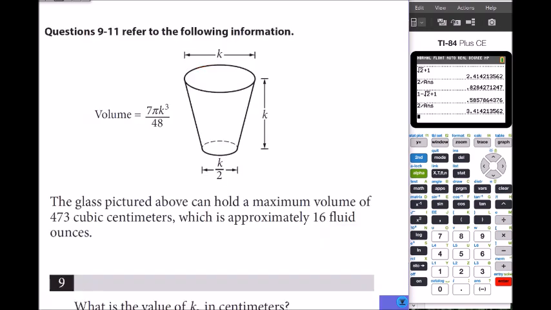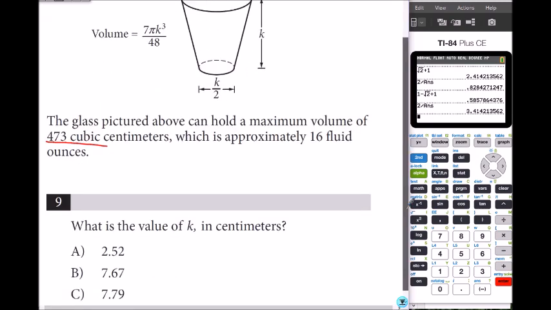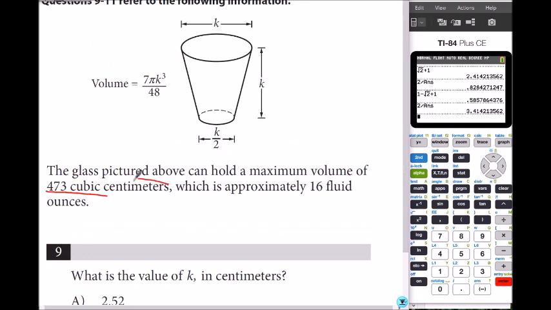Number 9. The glass pitcher above can hold a maximum volume of 473 cubic centimeters, which is approximately 16 fluid ounces. So what is the value of k in centimeters? We're going to use this. So the volume is this.